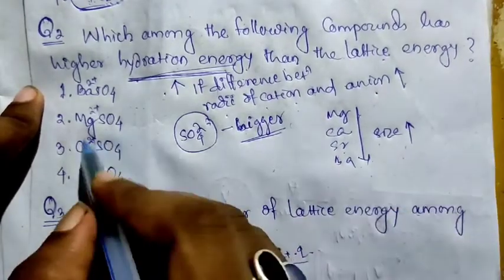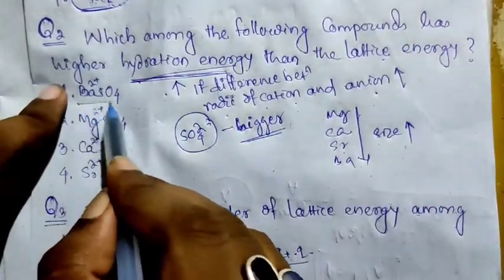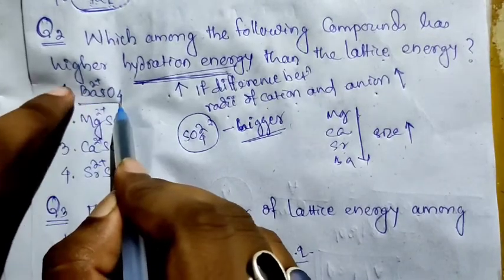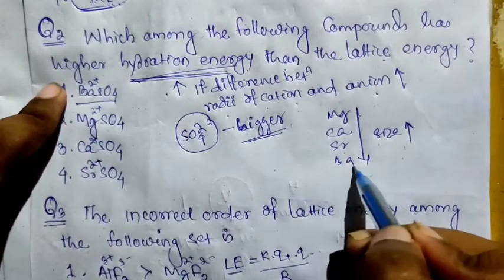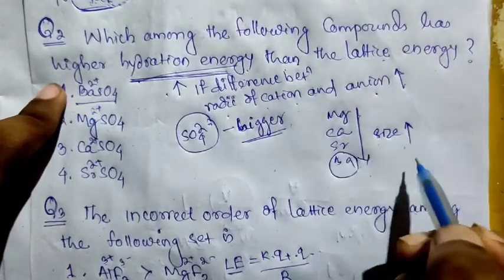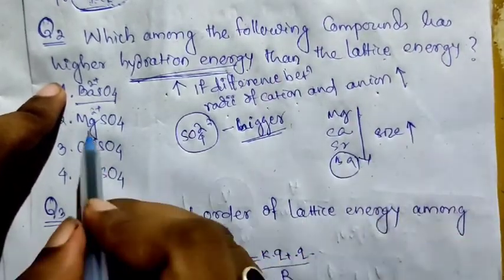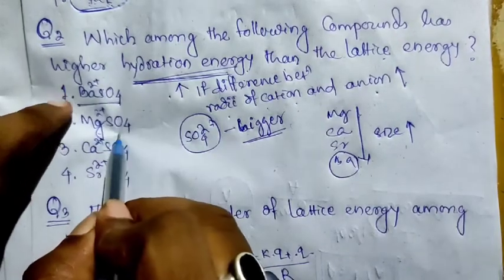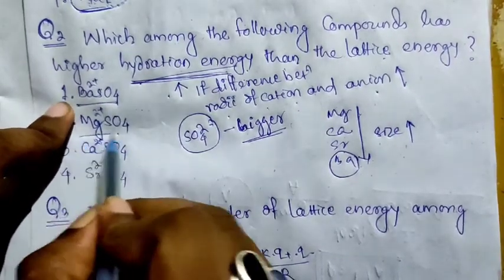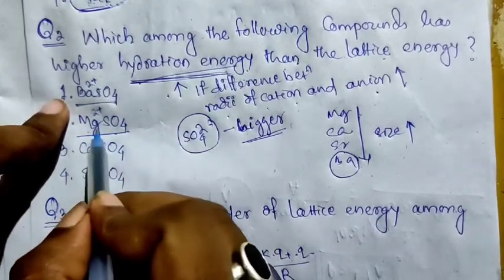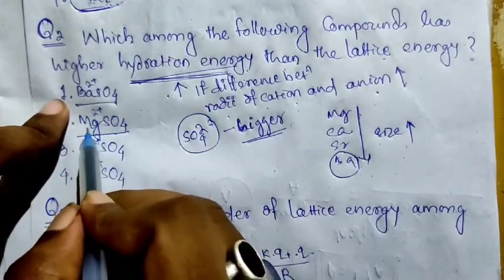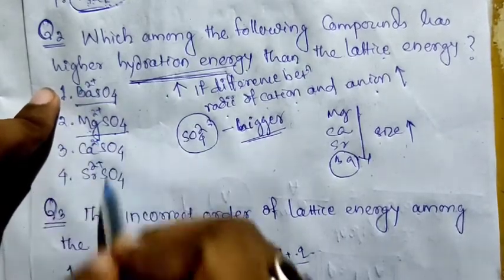So this molecule has less radii difference, as barium has more size. So magnesium sulfate has more radii difference between cation and anion, because magnesium has the smallest size among the 4 cations.